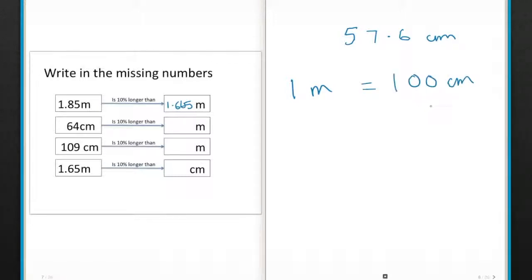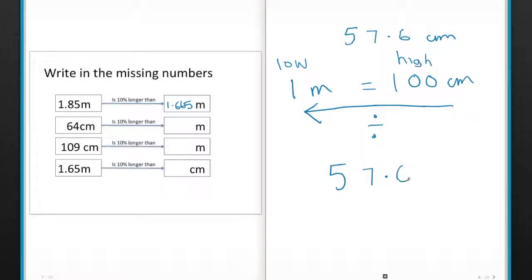We're here at centimetres and we want to go to metres. 1 is low, 100 is high. We're going from high to low. To make a number lower, you divide. So we've got our 57.6 and we're going to divide by 100. Left is lower and it gives me 0.576 metres.